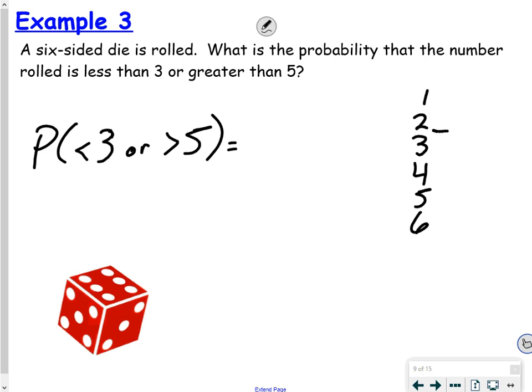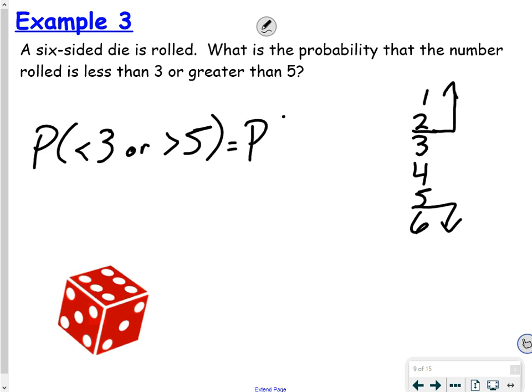The amount of outcomes in which we could get something that's less than 3 would be 2. The amount of outcomes that we could get something that's greater than 5 would be 1. Notice those things aren't overlapping. We can't get something that's less than 3 and greater than 5.